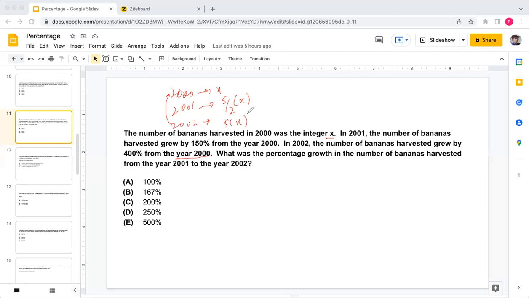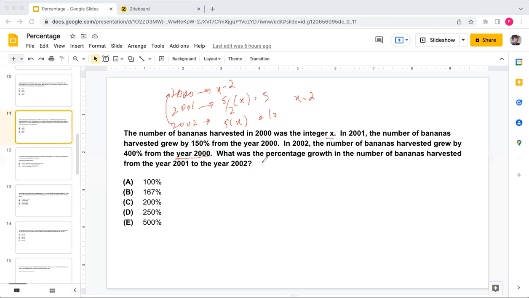Based on these, what could be a very simple value of x I can assume? If I assume x as 2, this will become 5, and this will become 10, and this will be 2.